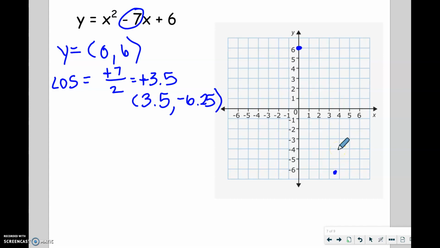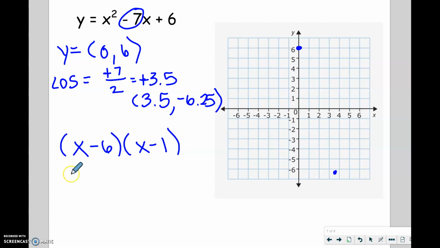Okay, then I am going to find the factored form of this. When I think of the two numbers that multiply to be 6 and add to be negative 7, it would be negative 6 and negative 1.